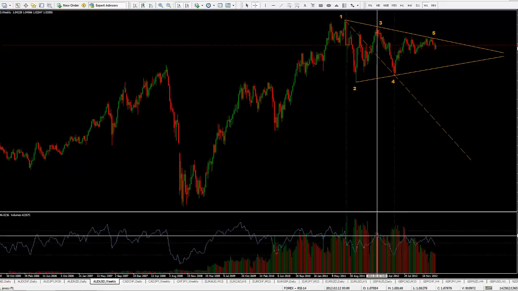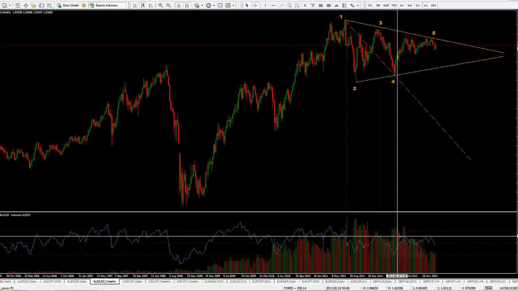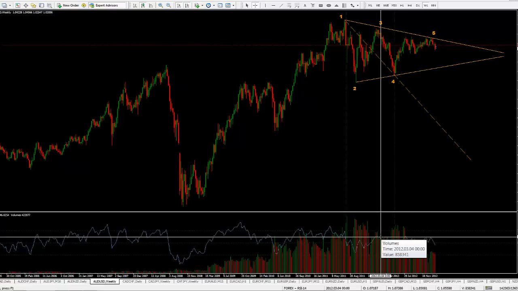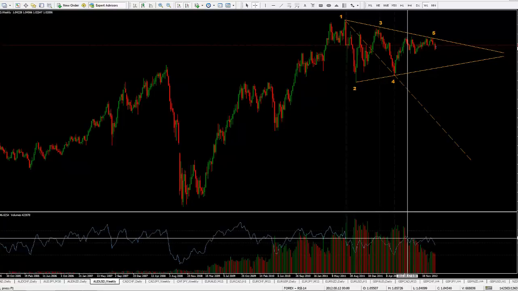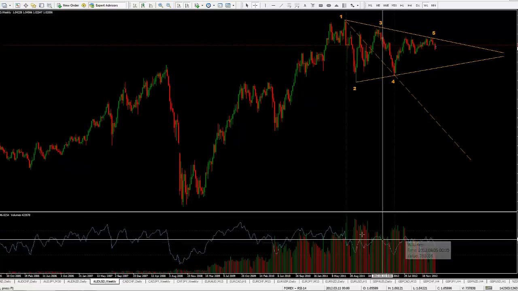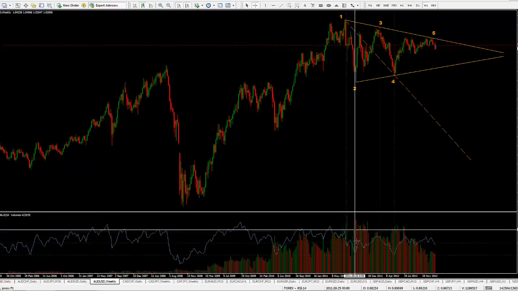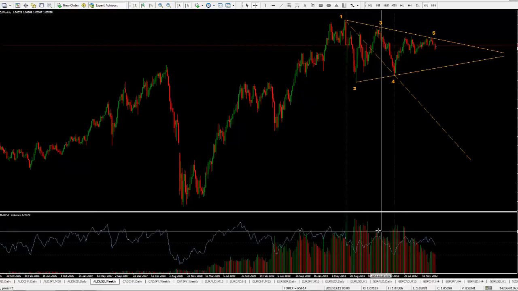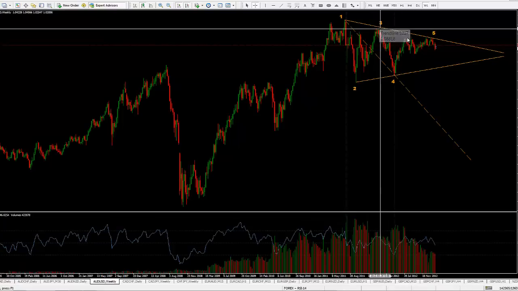33.95, and then it goes back up, but then it fails at 60, and it continually fails at 60. It fails at 60 right here, fails at 60 right there, and fails at 60 right there. I'm talking about the RSI 14, and every time it does that, there's also some volume spike around those areas, which tells you that these are bearish institutional traders right there, right there, and right there, and they are maintaining the price down.